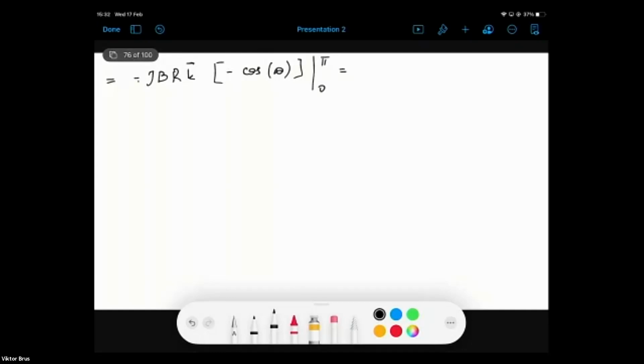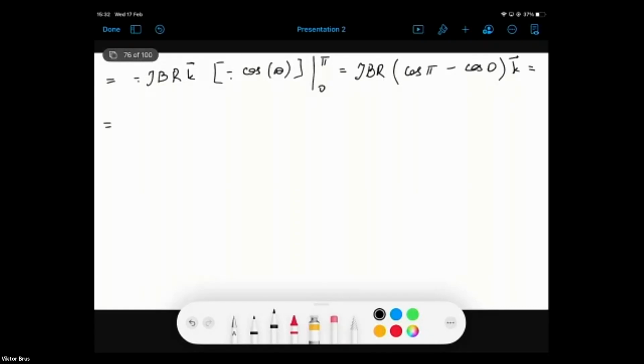So this minus and this minus cancel out each other. Then we have I times B times R times cosine pi minus cosine 0, times k vector.